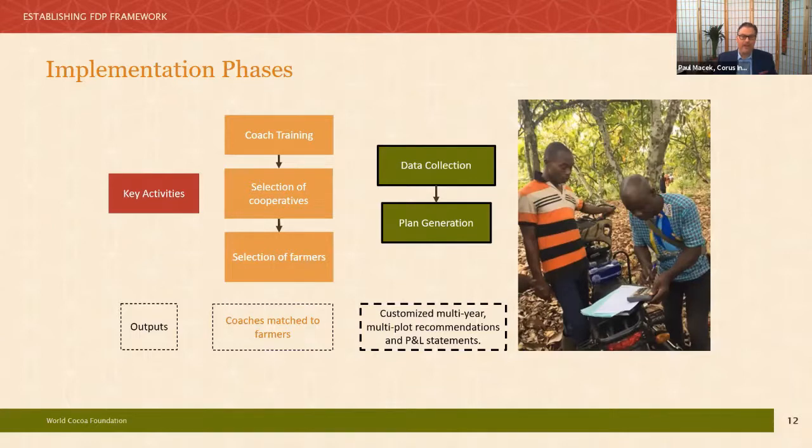All of that data is very specific and important to ensuring that the algorithms that predict the potential yield on the investment have the accurate and right data for those plots. That results in a customized multi-year, multi-plot set of recommendations, and in some of the more sophisticated ones, a profit and loss statement, as well as even procurement actions where they go to seek inputs and services in support of their productivity plan. Next slide.